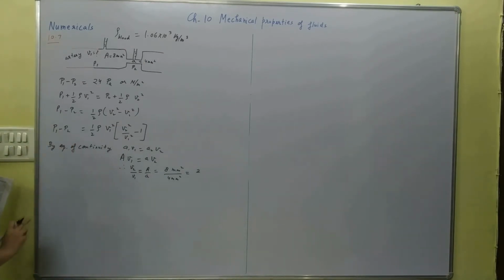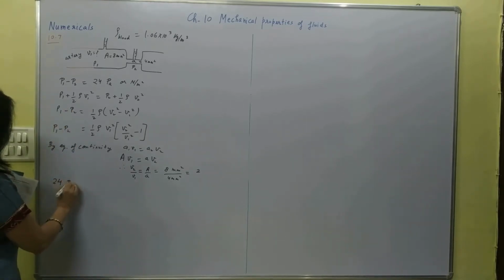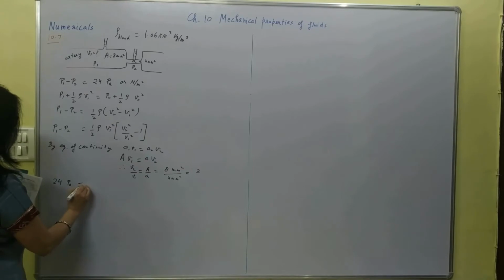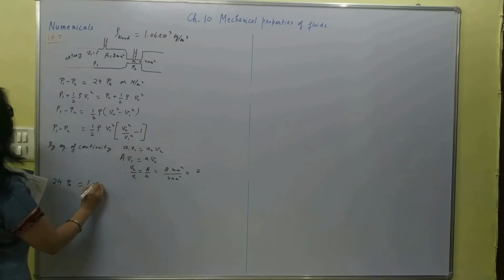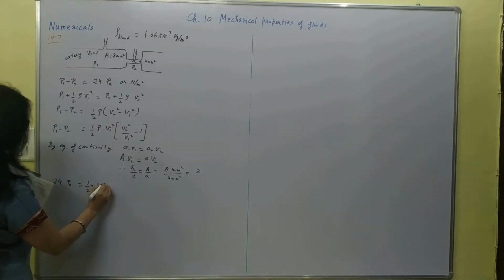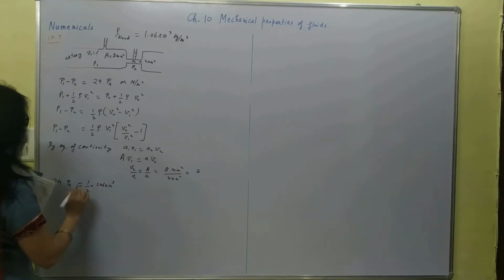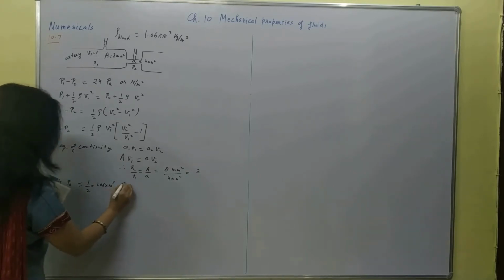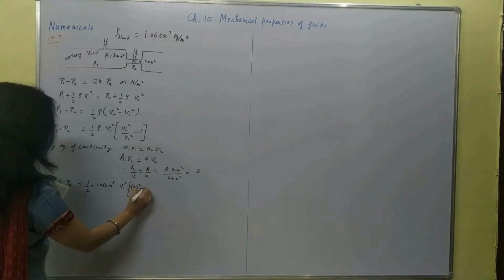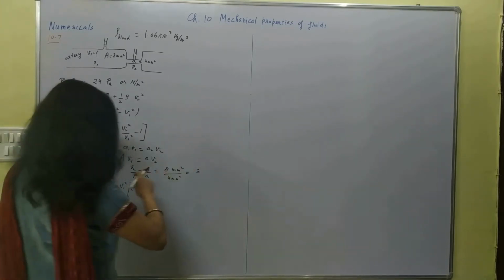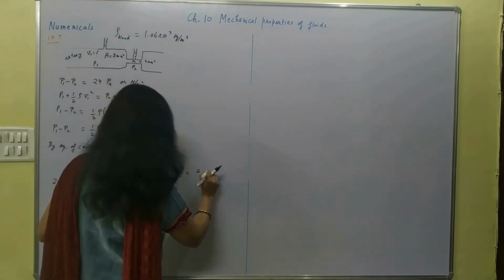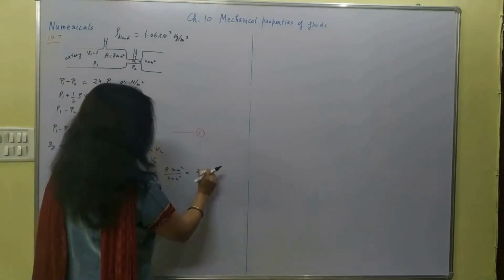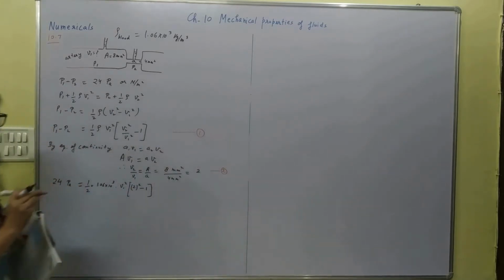P1 minus P2 is the pressure drop, which is given as 24. Standard units, that is Pascal, is equal to half into rho is 1.06 into 10 to the power 3 into V1 square. This is 2 whole square minus 1. Why? Because if we consider this as equation 1, this as 2, so from 2 in 1.